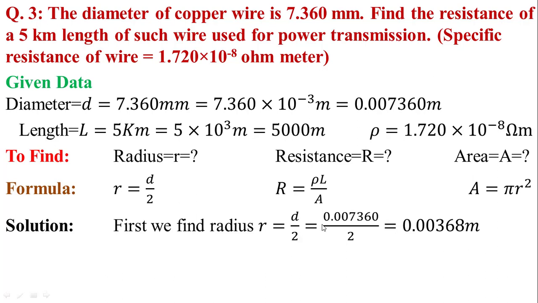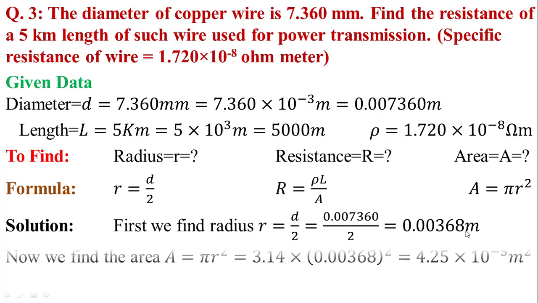Putting the value of D, 0.007360 divided by 2. Then R is equal to 0.00368 meter. Here radius R is equal to 0.00368 meter.